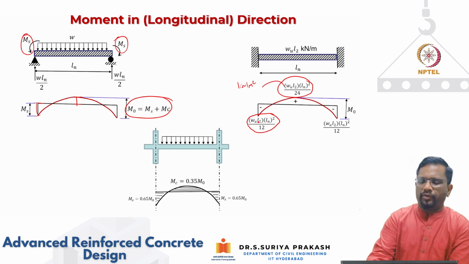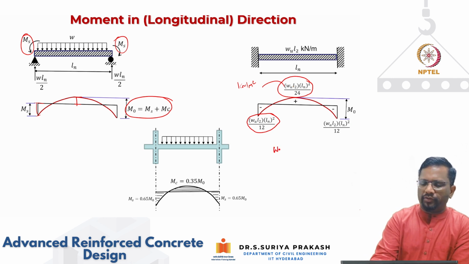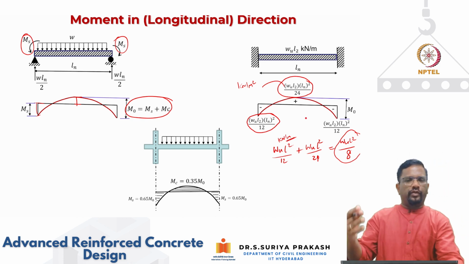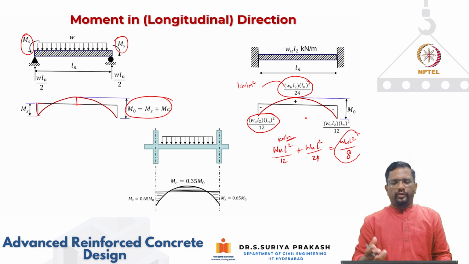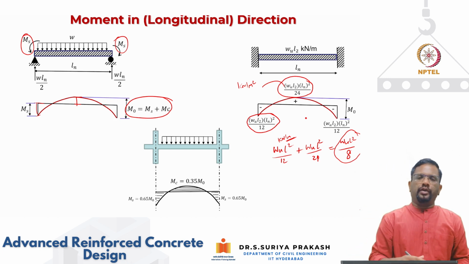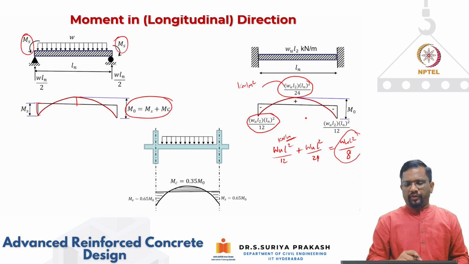Now, when you add the algebraic values of wu l² by 12 plus wu l² by 24, you will find that it works out to be wu l² by 8, which is your total factored static moment, if w is in kilonewton per meter. But usually for a slab, we define the load in kilonewton per meter square, and you have to multiply by l2 to get your uniformly distributed load in kilonewton per meter.